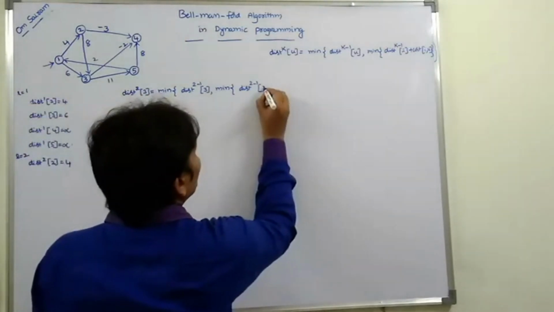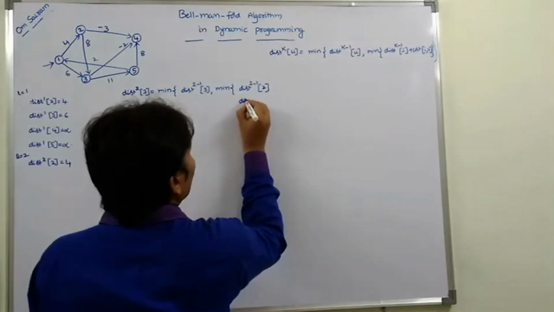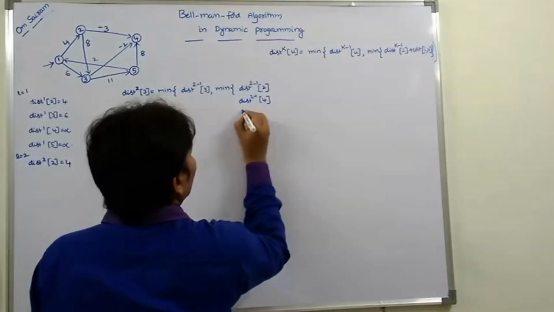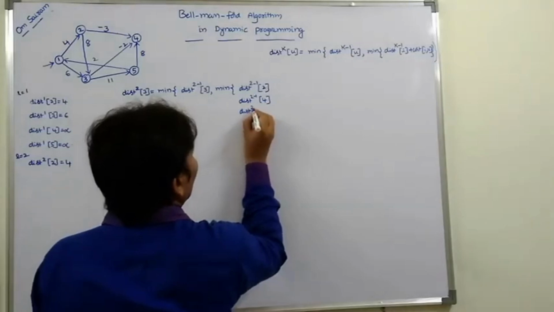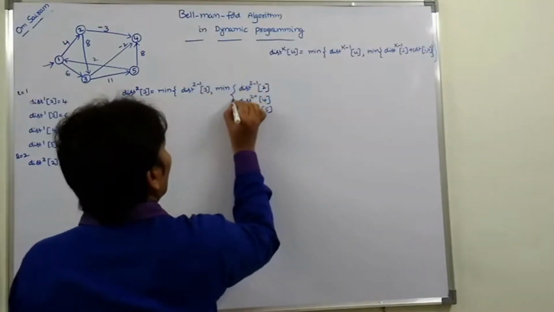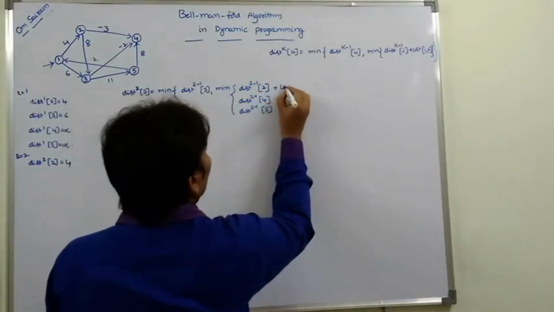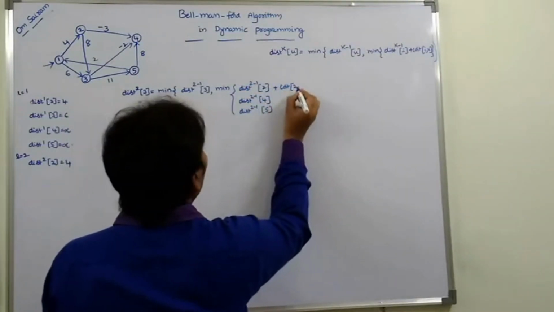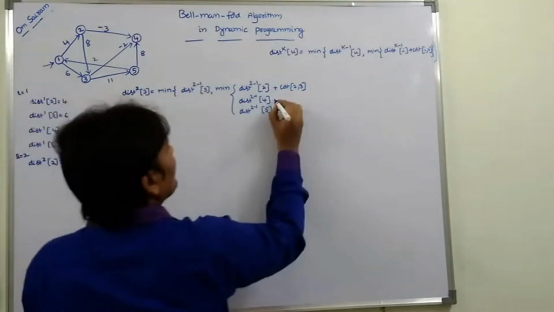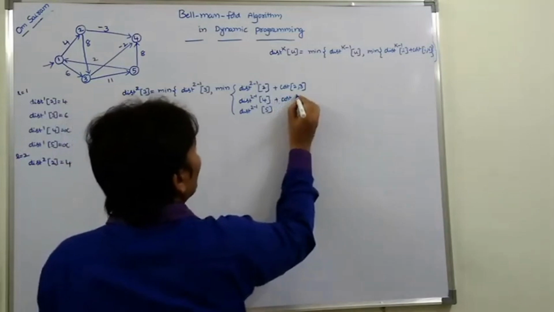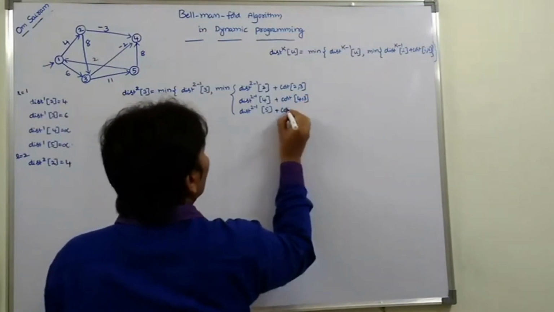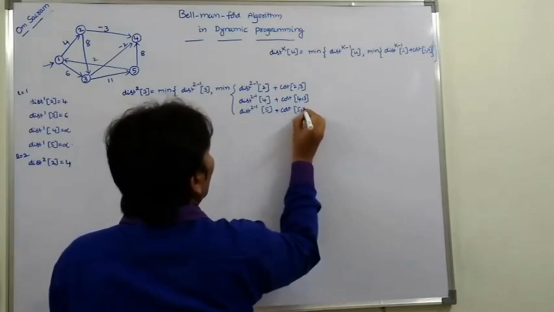So this is 2, and next one dist of 2 minus 1, that is 4, dist2 minus 1, that is 5, plus cost of 2 comma 3. This is I, u value is 3, plus cost of 4 comma 3 plus cost of 5 comma 3.